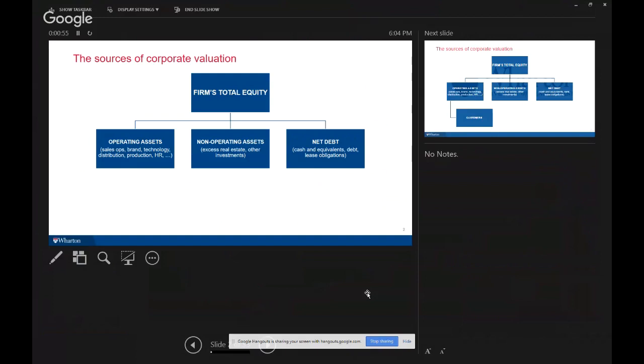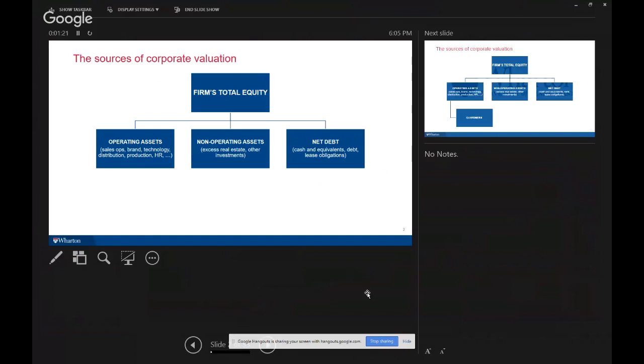If you were to open up a standard corporate valuation textbook, it would typically decompose the value of a firm into 3 main pieces: the operating assets, the non-operating assets, and the net debt. Of these 3, 2 are relatively straightforward to estimate. The net debt is simply taking all the company's outstanding debt obligations and subtracting off their cash and cash equivalents.